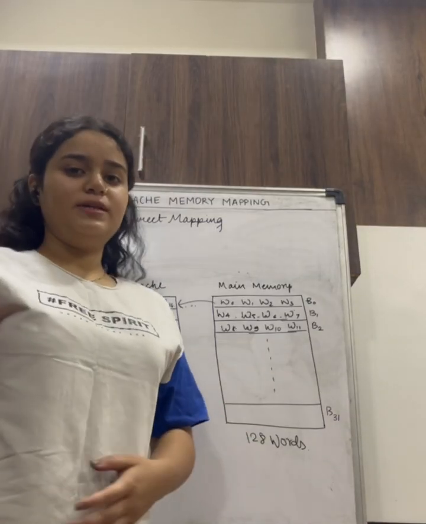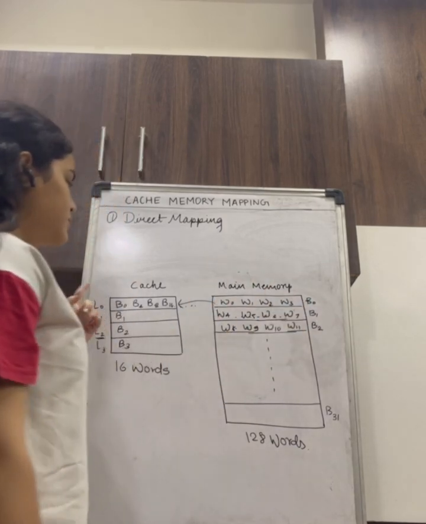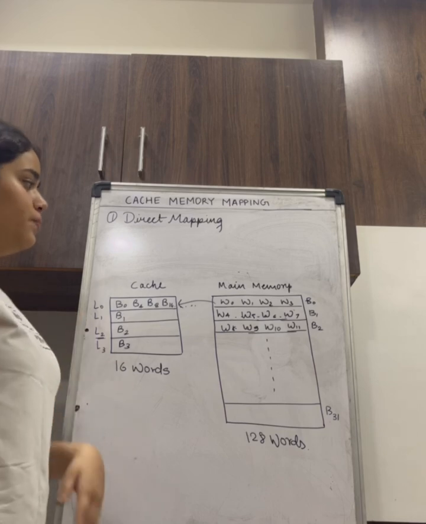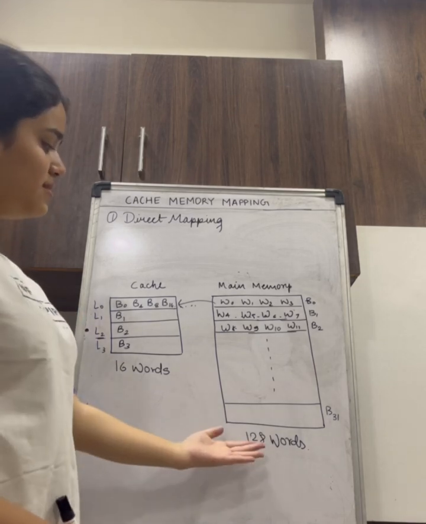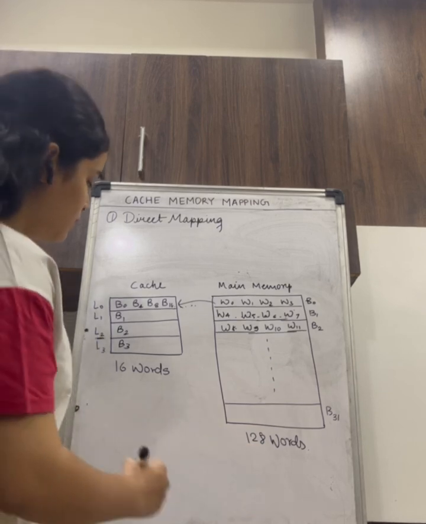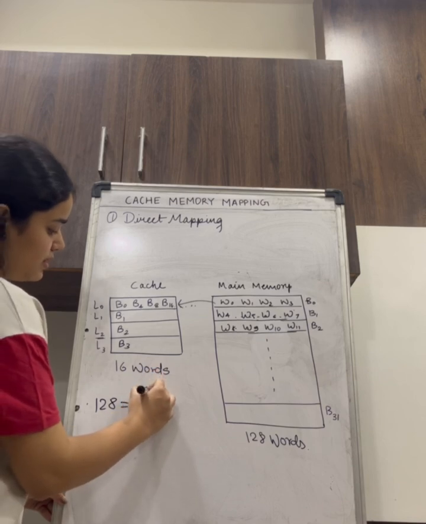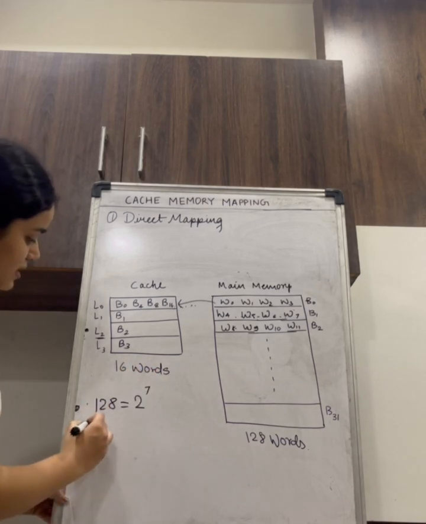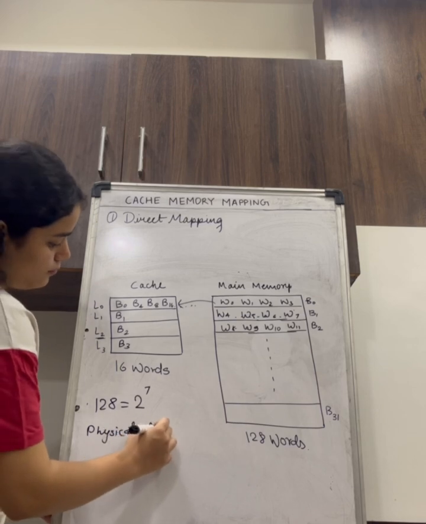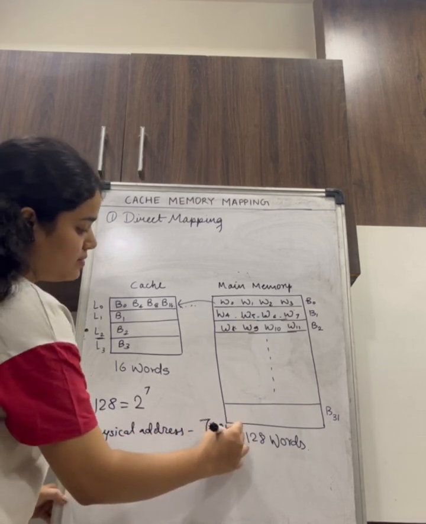In the direct mapping technique, a whole block from the main memory is mapped into the cache memory in each line. So let's say we have 128 words in our main memory, which is equal to 2 to the power 7. So the physical address of main memory will be represented in 7 bits.